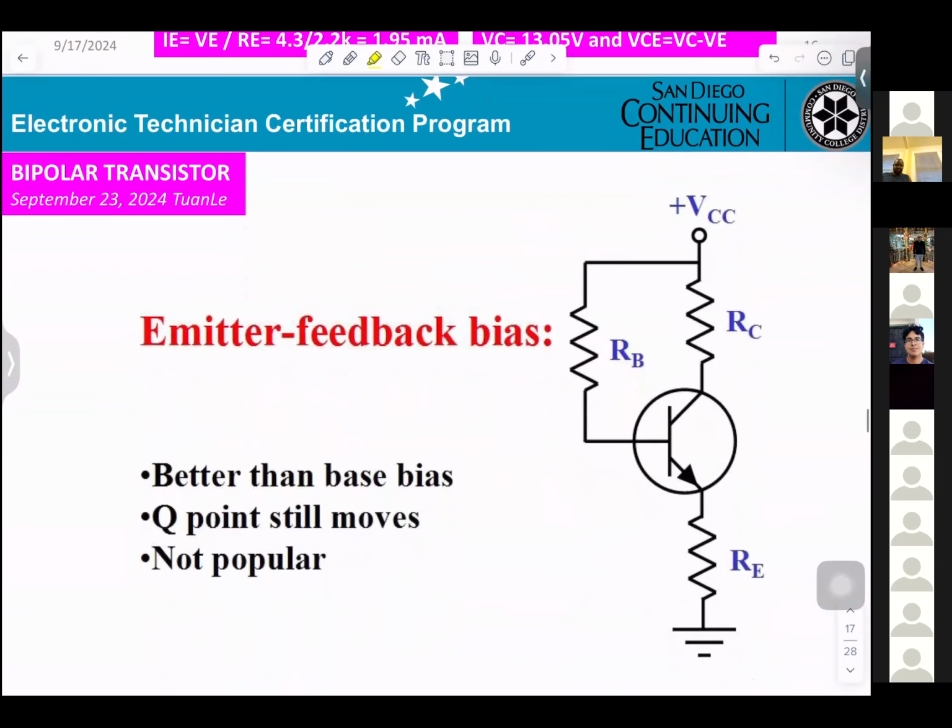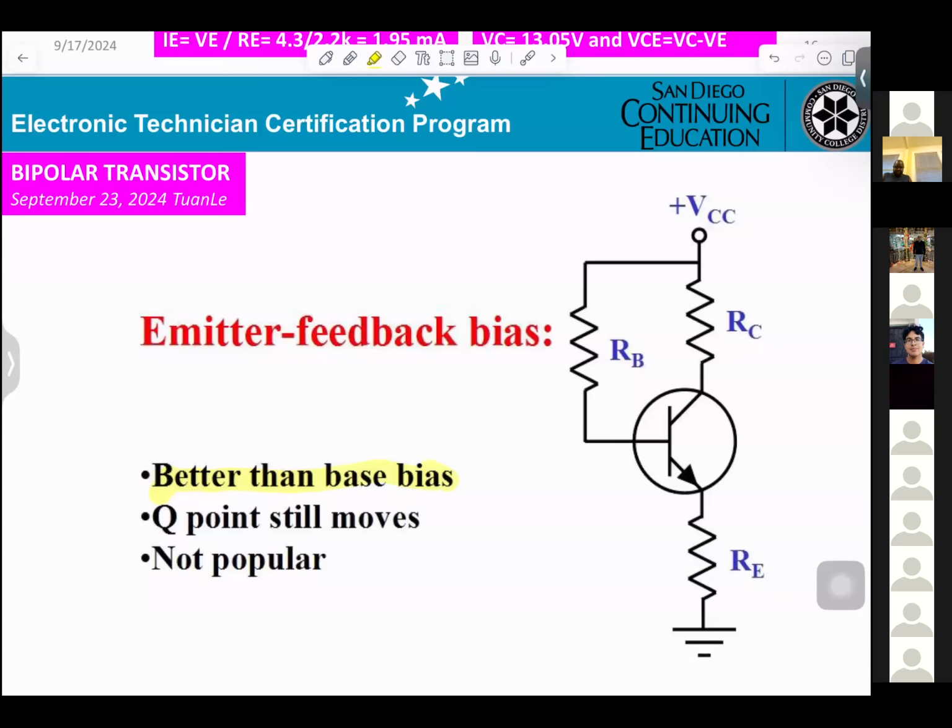Now, another feedback bias: emitter feedback. That means they connect it this way. They will be called emitter feedback. They say it is better than fixed bias.